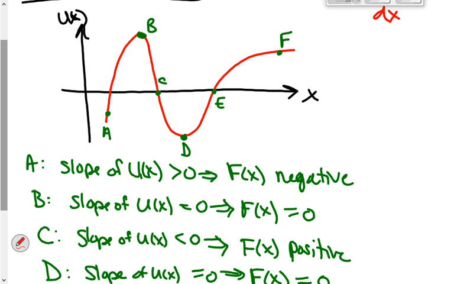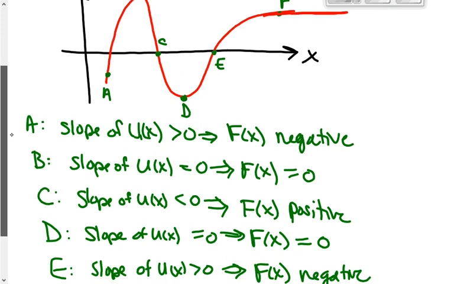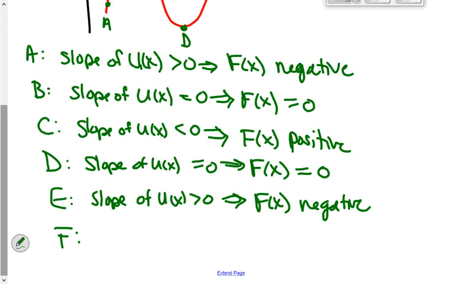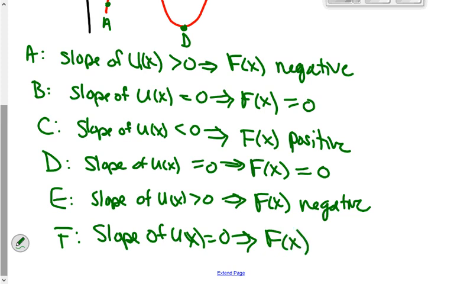It should actually really be 0. This is going to come to a level, a constant value. So even though it's kind of hard to see, the slope at F should be equal to 0. So the force at point F will be equal to 0 as well. All right, so everybody see how we're going back and forth between those two? Again, pretty straightforward once you get the idea down.